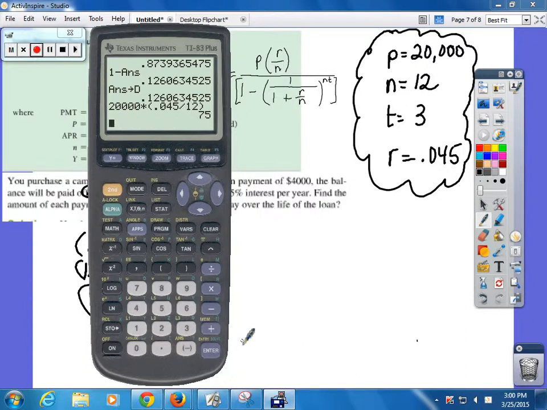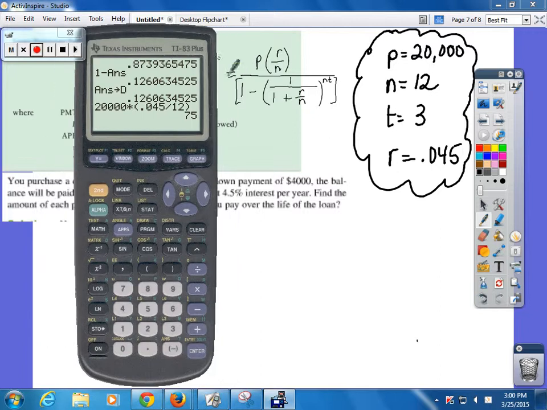And that's my numerator. I'm going to divide that numerator by my denominator, and I get 594.94.